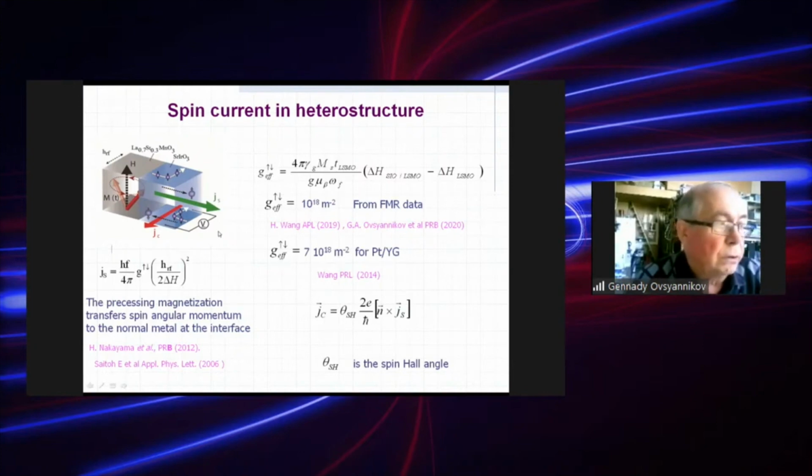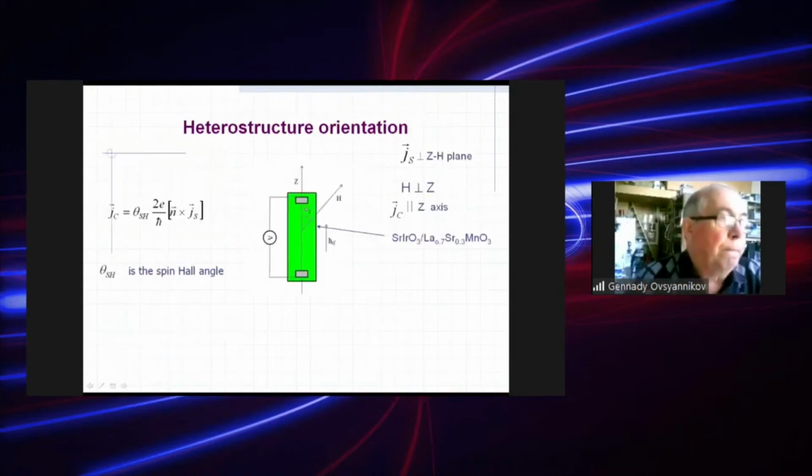The charge current in this system is determined by the spin Hall angle and depends on the spin current proportionally. I would like to draw your attention to the fact that for observing this effect, the voltage from the charge current appearing in the system looks like this.